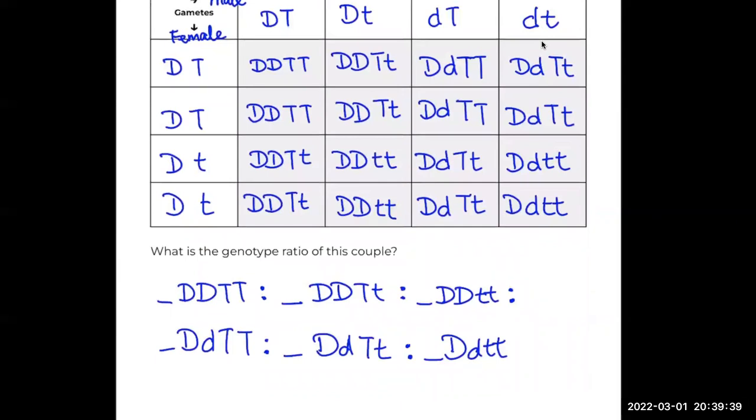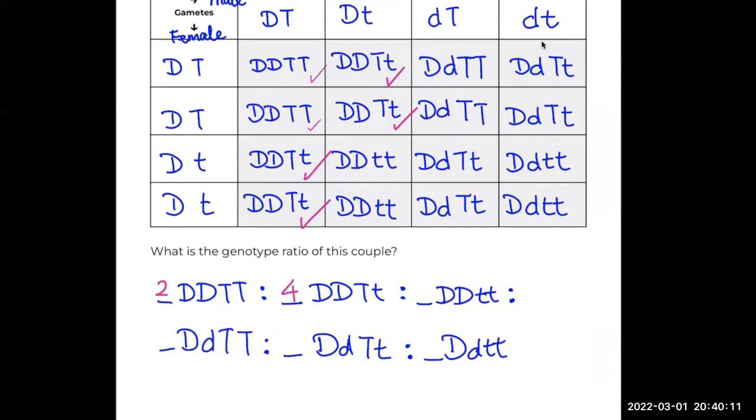So let's have a look. The first one, you get 1, 2, I think it's just 2. So, yep, 2. And then the second one, big D, little t, 1, 2, 3, 4. Just 4.